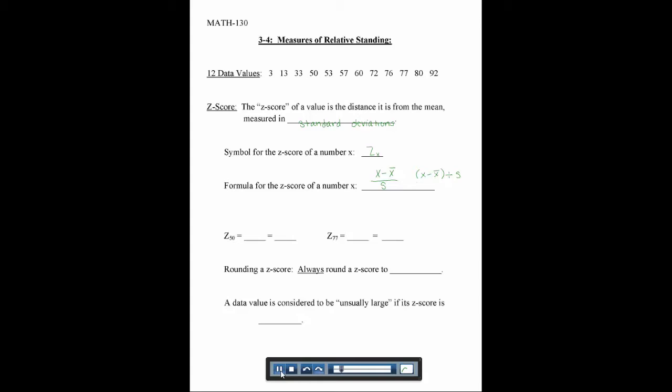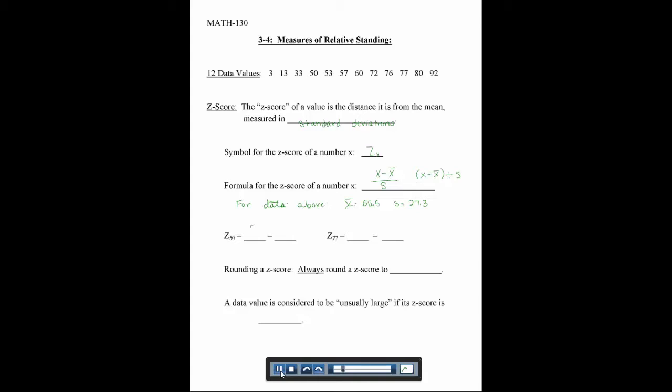Okay, so for example, we want to find the z-scores of some numbers from up above. Now, for the data up above, we would first need to find the mean and the standard deviation. You can do that using your calculator. So here, if you do that, the mean is equal to 55.5, and the standard deviation is equal to 27.3. Okay? So now we want to find the z-score of 50. So we follow this formula.